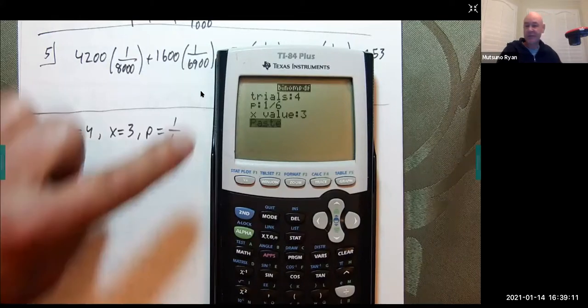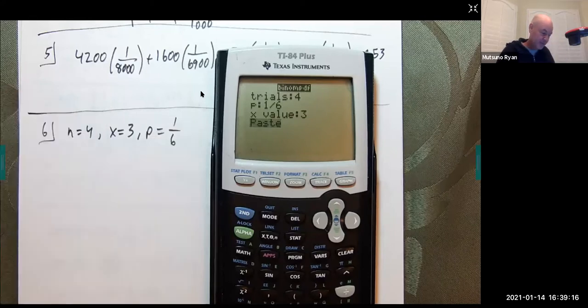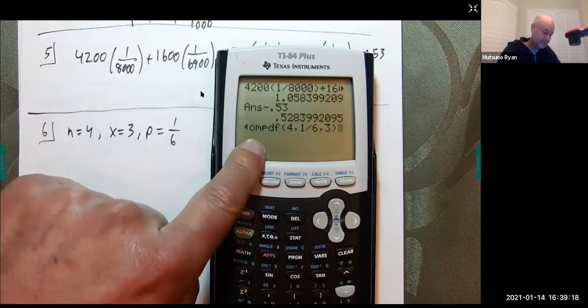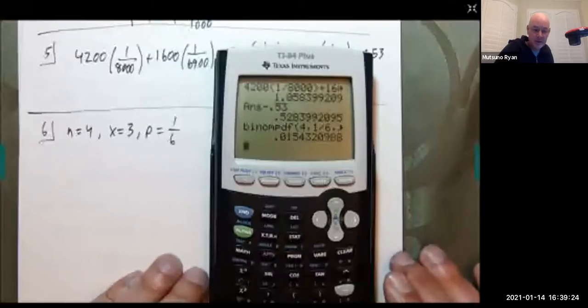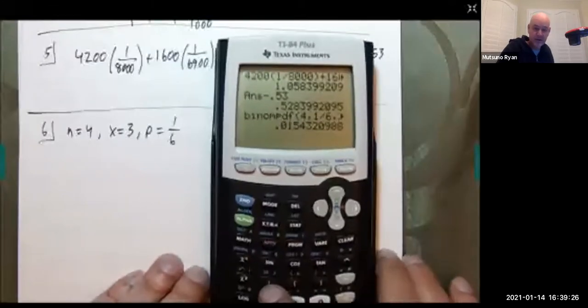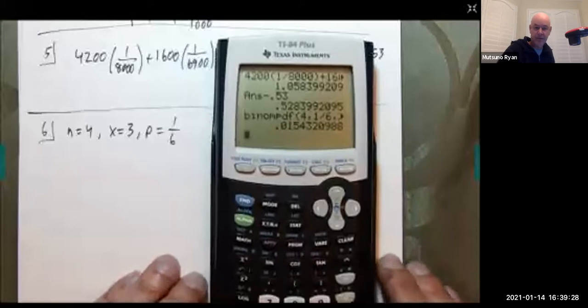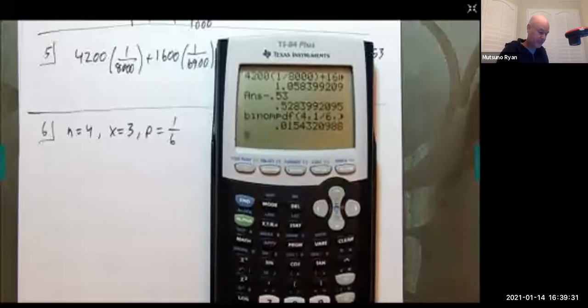Now, if you have a TI-83 or an older 84, it won't look like this. It's going to be like this. You'll literally use the commas. Make sure you can see the commas. Commas are right here. And that's how you'll put that in.